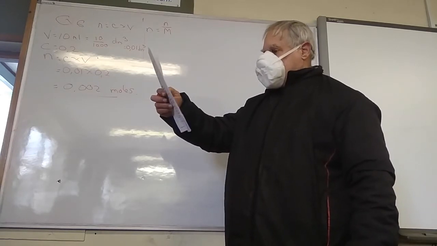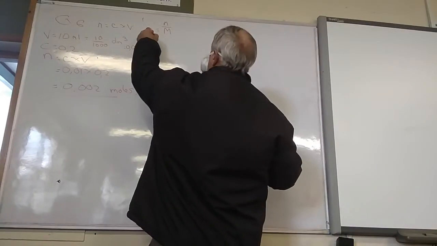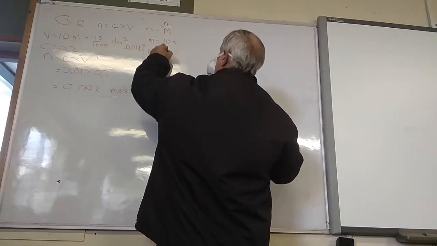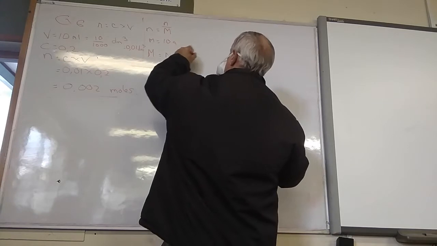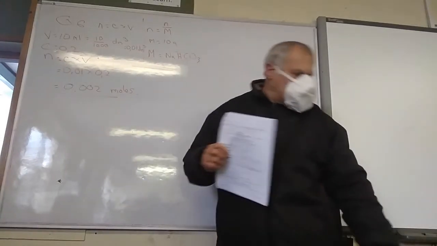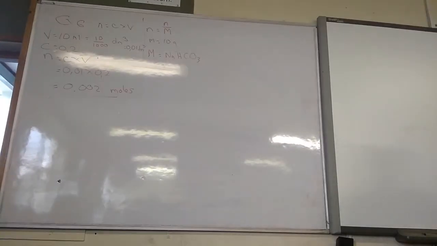We've got 10 grams. So the mass is 10. The molar mass is NaHCO3. Na is what, 23? What is sodium? 23.